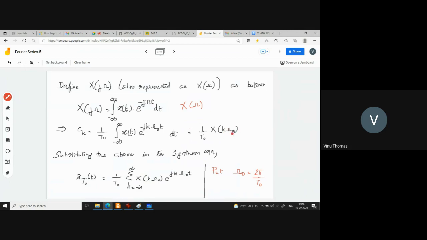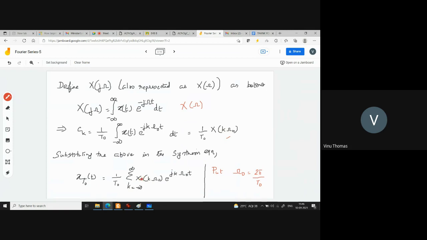What we will do now is substitute this expression, ck equal to 1 by T0 X of k omega 0, in the synthesis equation, and write x T0 of t is equal to sigma over k of 1 by T0 X of k omega 0, which is your ck, into e raised to j k omega 0 t.